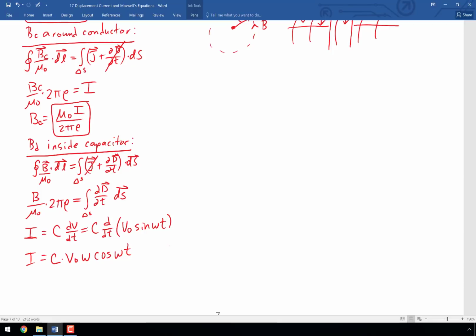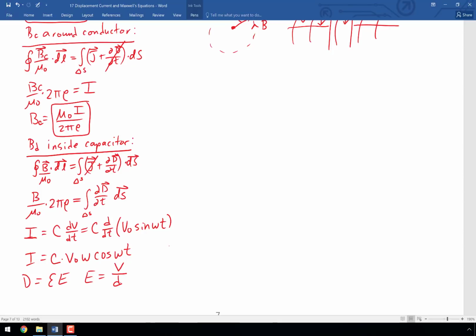Now, we're going to have a couple of other relationships, but we need to remember what that current is. Now, we know that D is equal to epsilon times E. And we know that E, in this case, is the voltage across the capacitor divided by the distance inside the capacitor.